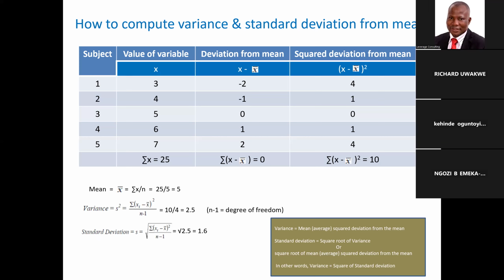So the only ones that can vary are the number of entities minus 1, which is the degree of freedom. So you now divide that sum of squares by the degree of freedom to calculate your mean square deviation.